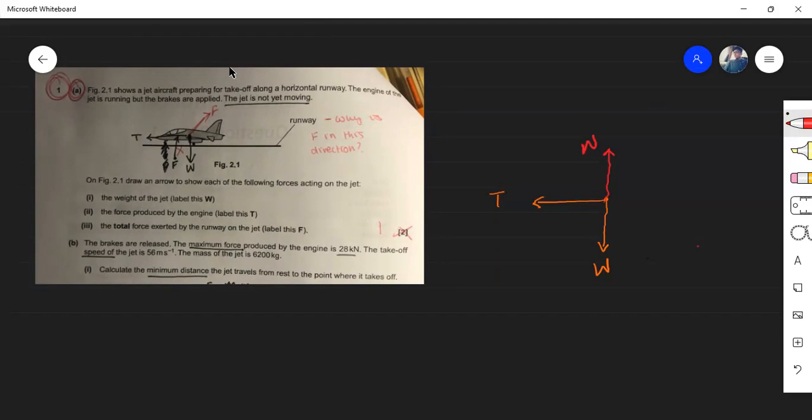And there will be a force that will be applied in the reaction of the force T. Let's call this T prime, because we know that the jet is not yet moving.